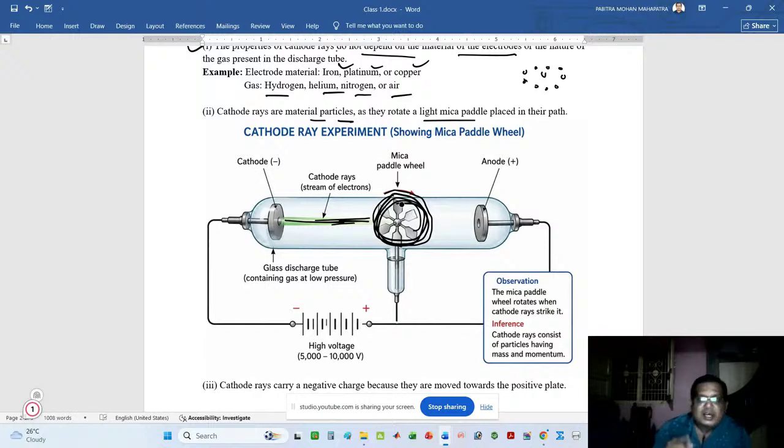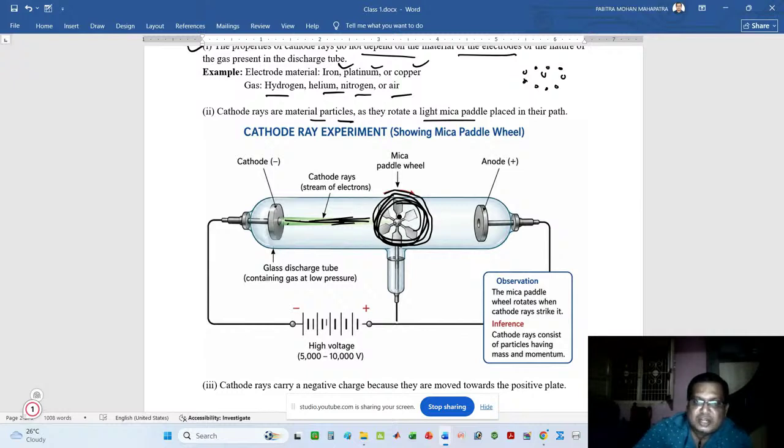Since the light mica paddle started to rotate, we can see that cathode rays have material particles. So here you can see that cathode rays are material particles as they rotate a light mica paddle placed in their path. If you place a mica paddle on the path of the cathode ray, which comes from the cathode to anode, then what will happen?